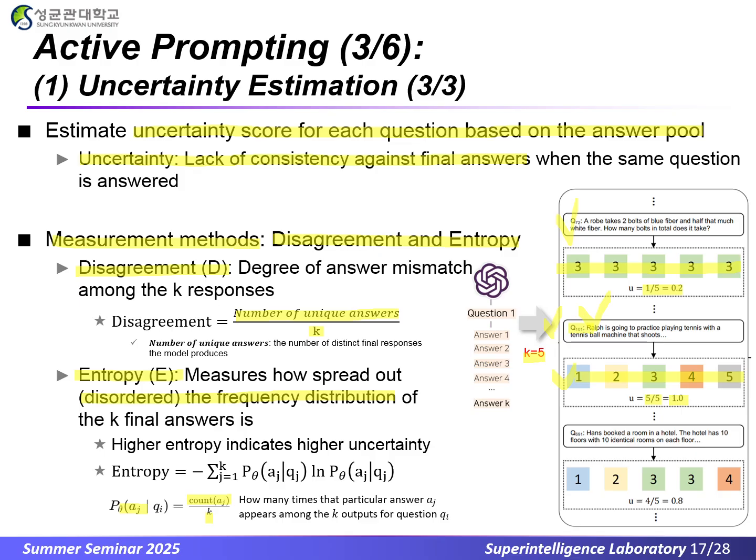When applied to the usual entropy formula, because the probabilities are evenly spread, the entropy hits its maximum, signaling high uncertainty, which means that the answers are inconsistent. In this way, questions with a wide, disordered answer spread get flagged as highly uncertain, exactly what we need for active prompting's selection step.